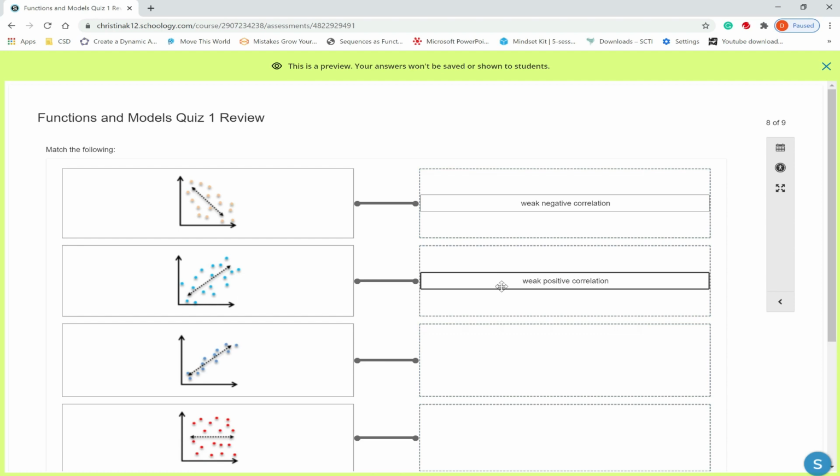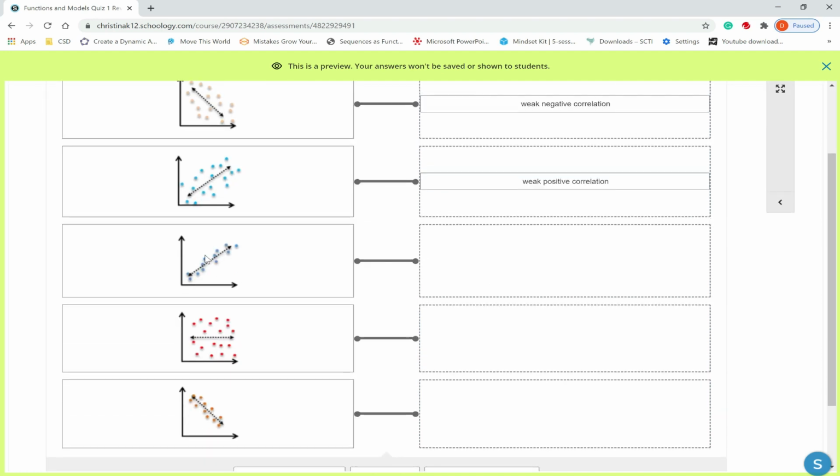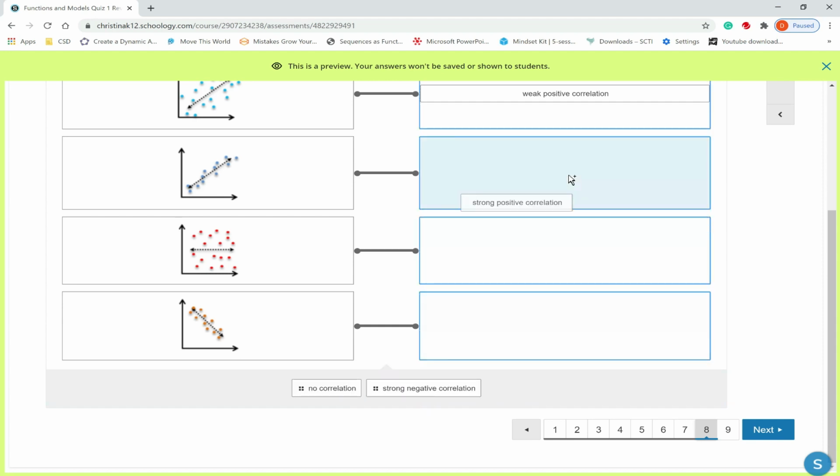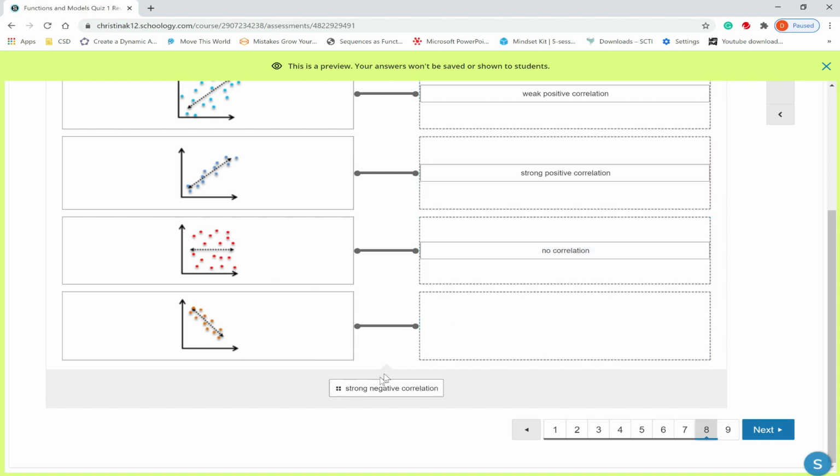So it's going to be a weak positive correlation. In the next graph, the dots are very close to the line, so that's going to be a strong positive correlation. The next graph, we had to draw a vertical line because the dots are just all over the place, so there's no correlation at all. And the last graph shows a strong negative correlation because the slope is negative and the dots are very close to the line.